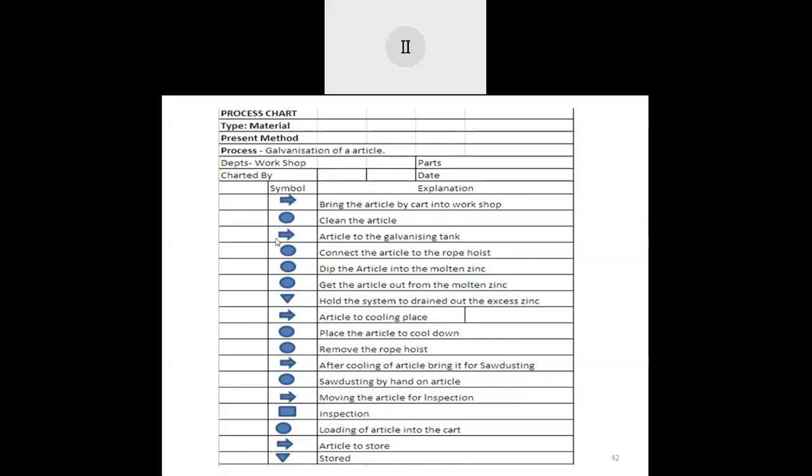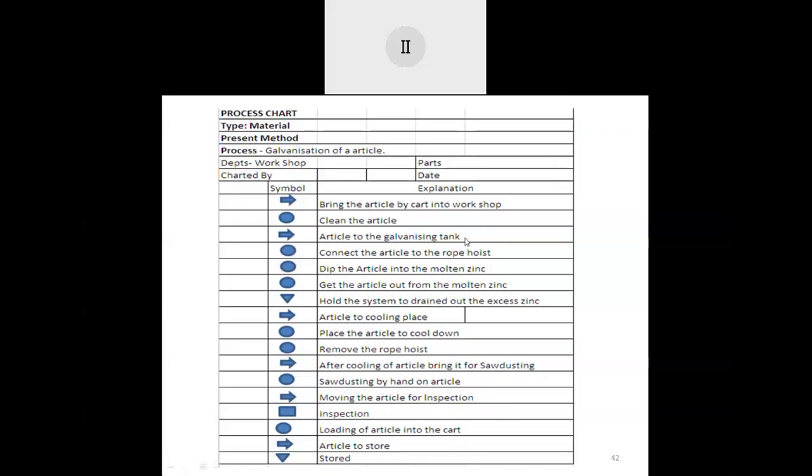Next again another movement, article to the galvanizing tank. Because this process is galvanization of an article, this arrow means there is some movement of the article to the galvanizing tank.